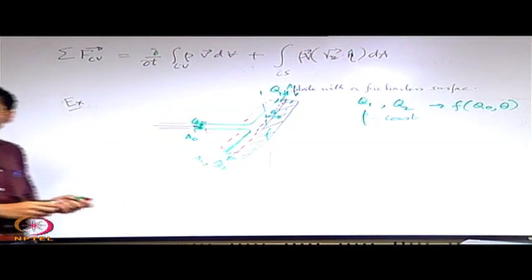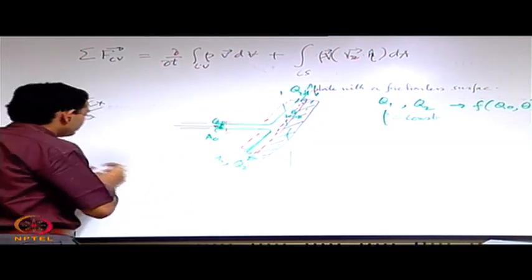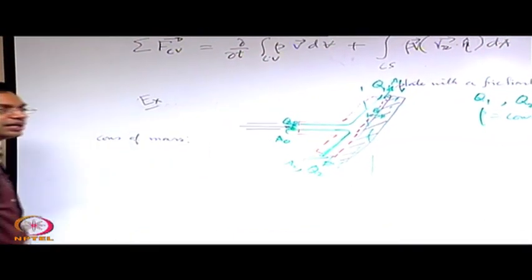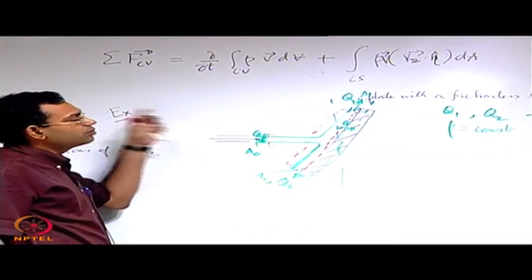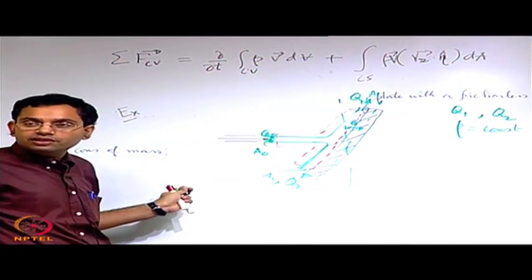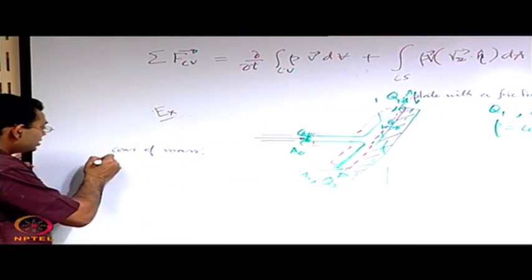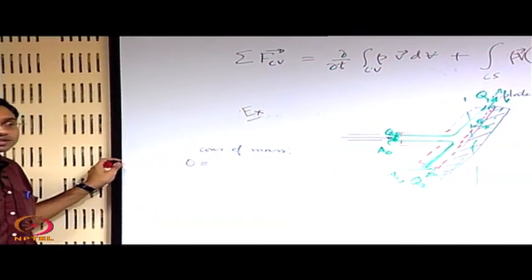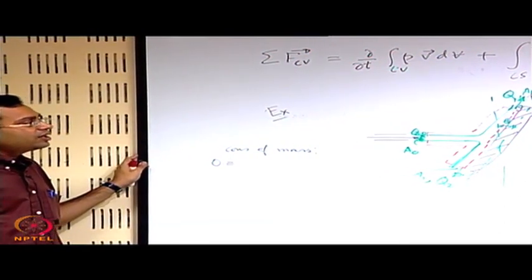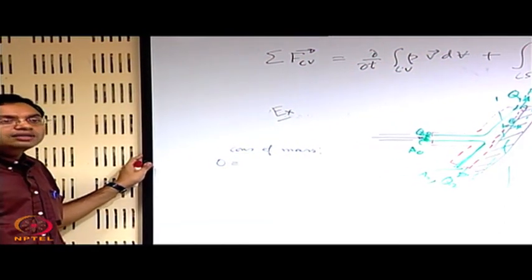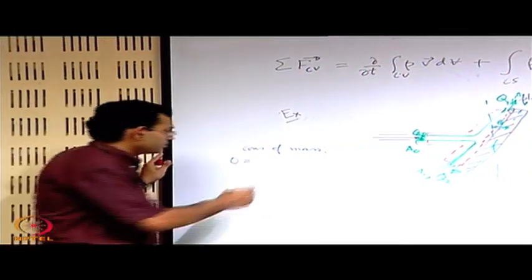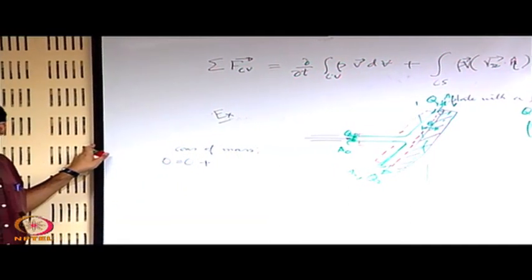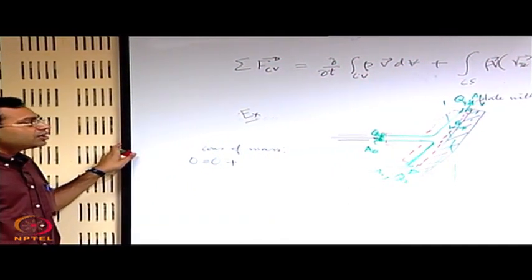So, if you write the conservation of mass, by this time we have become habituated in writing for different cases. So, we will not write the full Reynolds transport theorem form, we know which terms are important and which terms are not. On the left hand side, the first term is 0 always because the system has a fixed mass. The second term, if you have a control volume of a fixed volume and density as a constant, will be 0. So, it will be only the rate of mass outflow minus inflow. What is the rate of mass outflow?